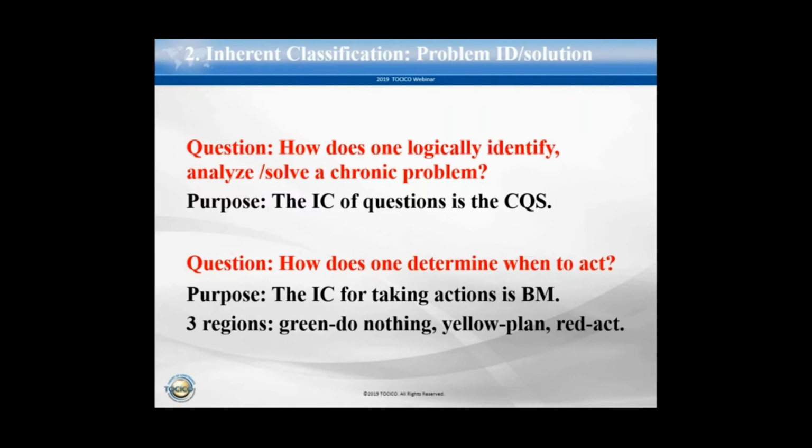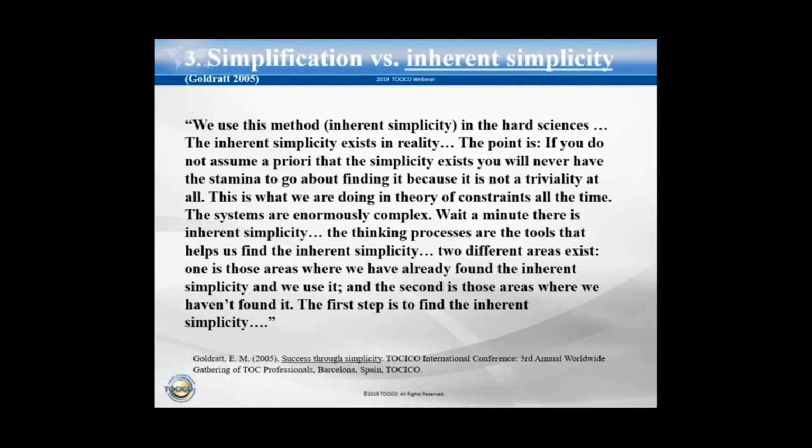Yellow means we plan in case a problem appears. So we plan ahead for the problem's appearance. Red means the problem has appeared. We act and implement our plan. So these are some of the different methods that Goldratt used and created as it relates to inherent simplicity.